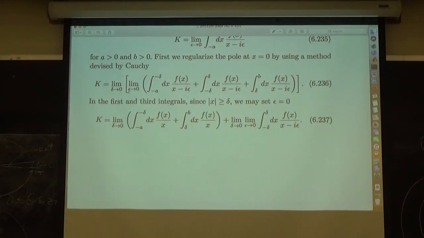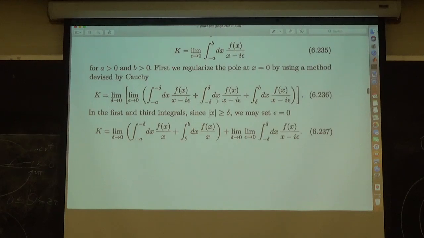And so what he said was he redefined k as being an integral from minus a to minus delta of the same function, plus an integral from minus delta to delta, plus an integral from delta to b. And now in the first and third integrals, the epsilon doesn't matter, because we're taking the epsilon to 0 first and then delta to 0.